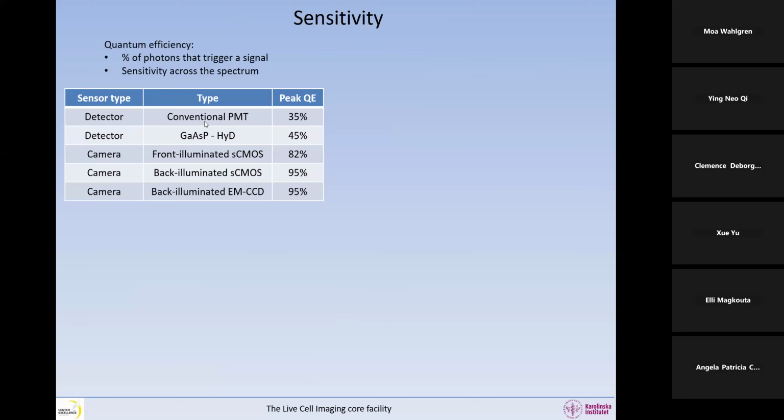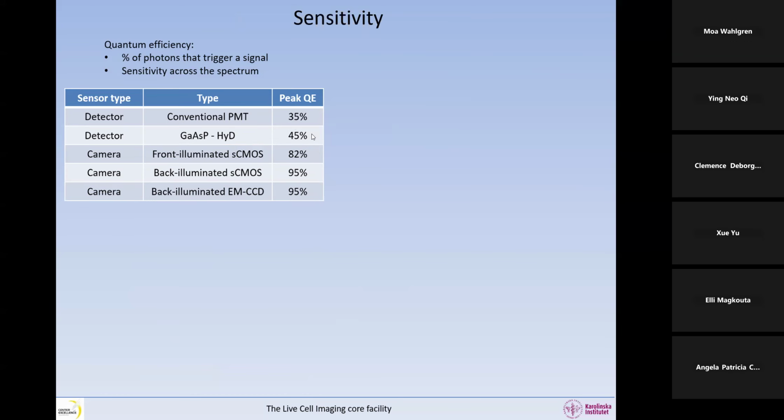You can see that in a conventional PMT that you can find in a single point confocal, only a third of the photons actually lead to something in the detector. So that's 2/3 of the photons are simply not detected. That's not very good. Even in the GaAsP HyD, which are the top of the cream or something like this, 45%.